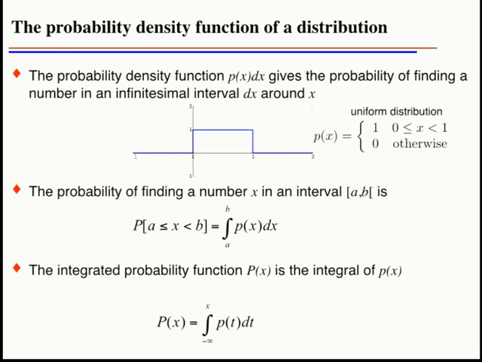The other useful quantity we usually define is the integrated probability function, a capital P of x, which is the probability of throwing a number smaller than x. So it's just the integral from minus infinity to our upper bound x.